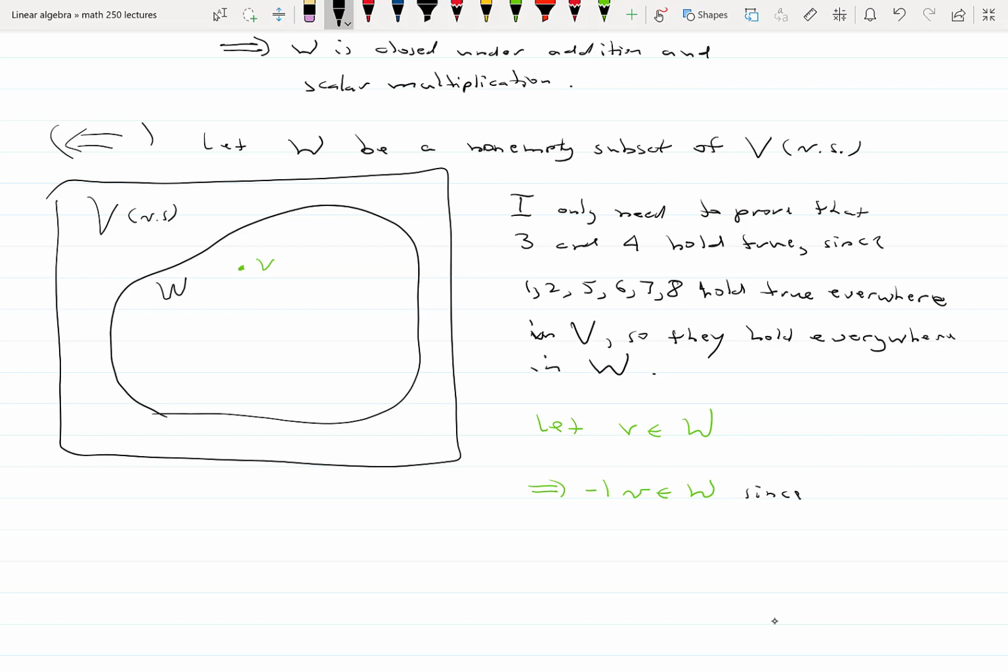Since W is assumed to be closed under scalar multiplication. Remember, we're proving the reverse direction. In the reverse direction, we're assuming the closure properties of addition and scalar multiplication.